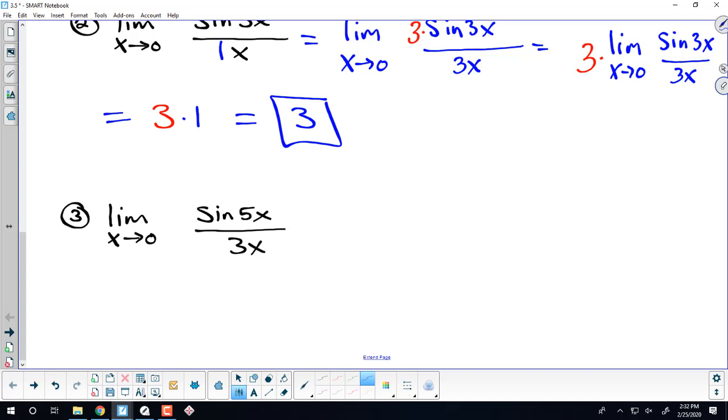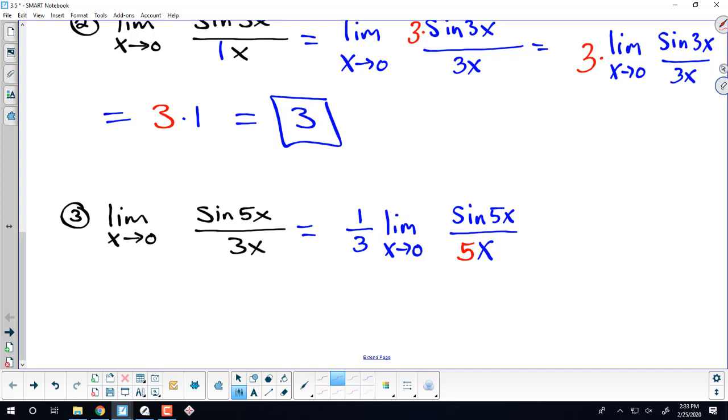Again, we want the argument of sine to match the argument of the denominator. So this is just a 3 times the thing on the bottom. We can look at that as 1/3 times the limit. And then what do we need to do? Multiply it by 5. We need a 5 on the bottom so it matches the argument of sine. But again, just multiplying the bottom, not allowed.